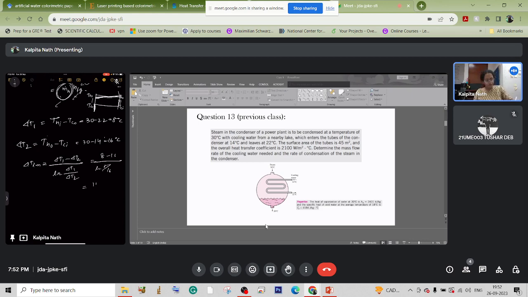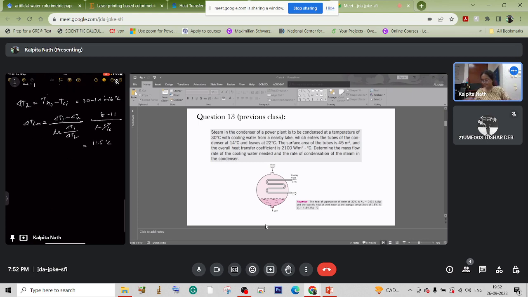So this will come out to be 11.5 degrees Celsius. Now rate of heat transfer is equal to UA delta T ln. So this is given as 2100 watt per meter square degree Celsius, and this is 45 meter square, and this is 11.5 degrees Celsius. So this is 1.087 into 10 to the power 6 watt. Say this is 1087 kilowatt.